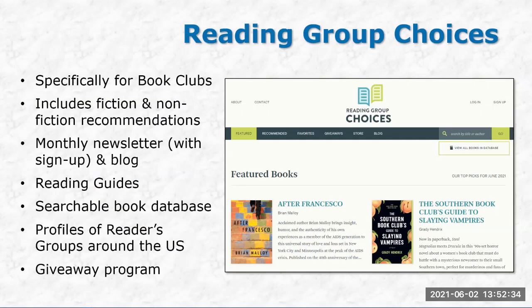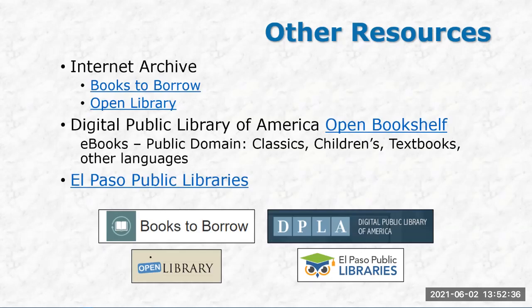Okay, we're at the very last of our presentation. Couldn't go without mentioning these three areas. If you're not familiar with the Internet Archive, it's been in the news, plus and minus. They do have a books to borrow program, which allows you to check out an electronic or a scanned version of books that they have been able to acquire through the libraries in their consortium.